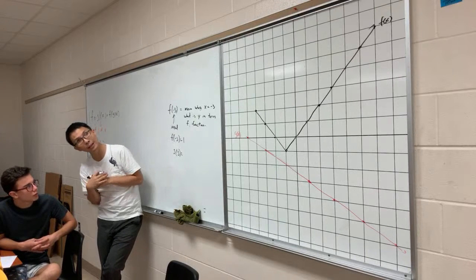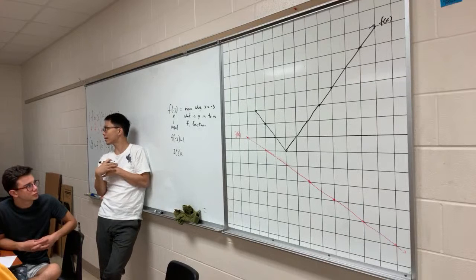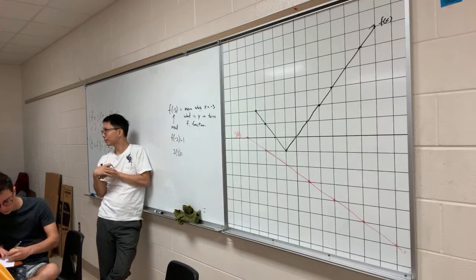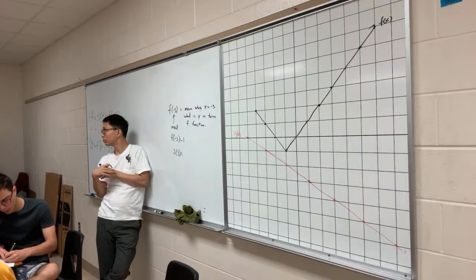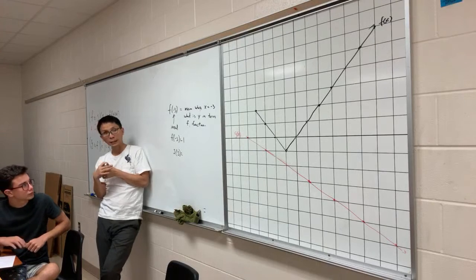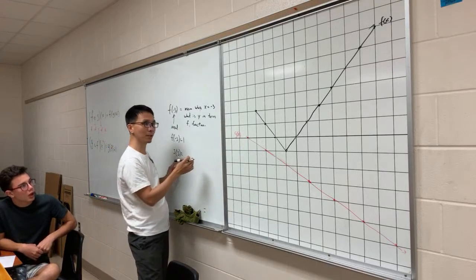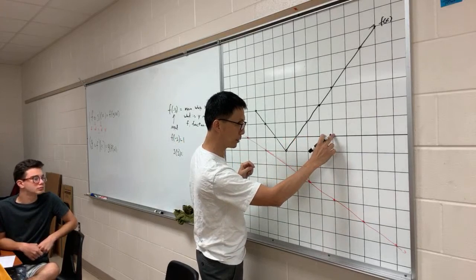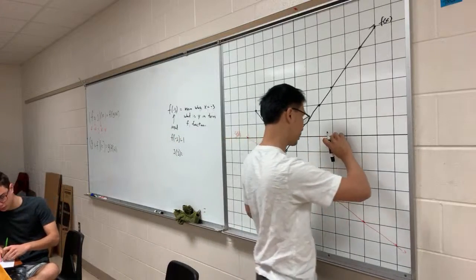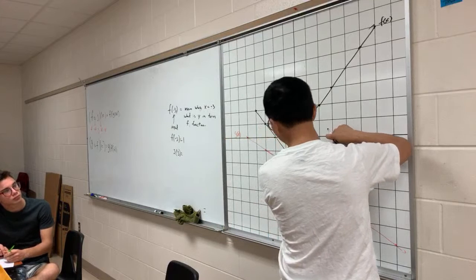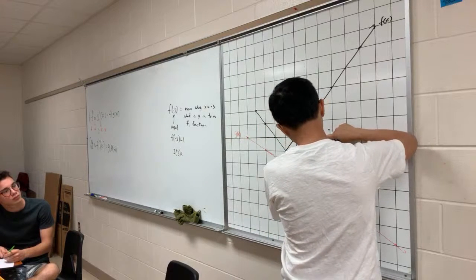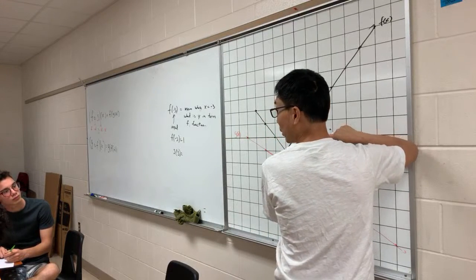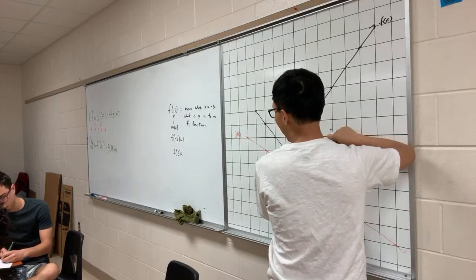The black one is the f function, the g function is the red function. Negative 3, okay, she says negative 3, that seems right. So g of 3 is going to be, 1, 2, 3, right? Now what's my y value for the red function? So like 1, 2, 3, 4, it's negative 4. You probably just count around.